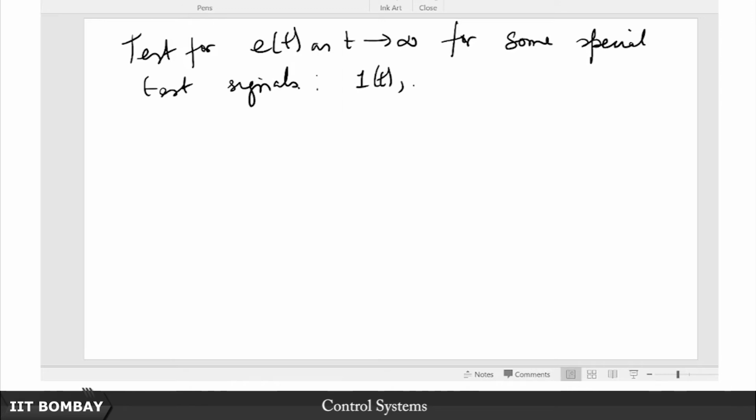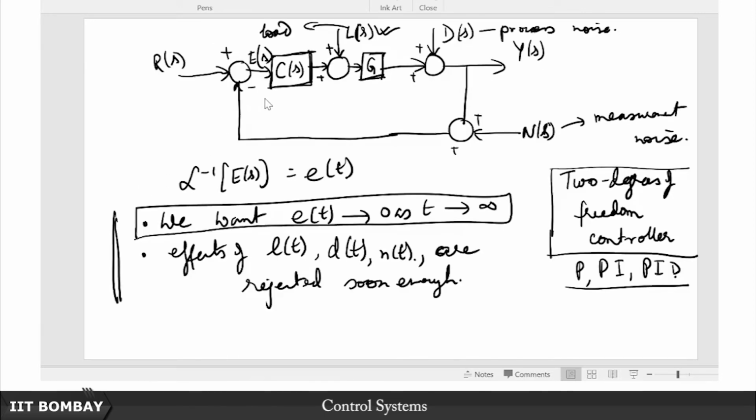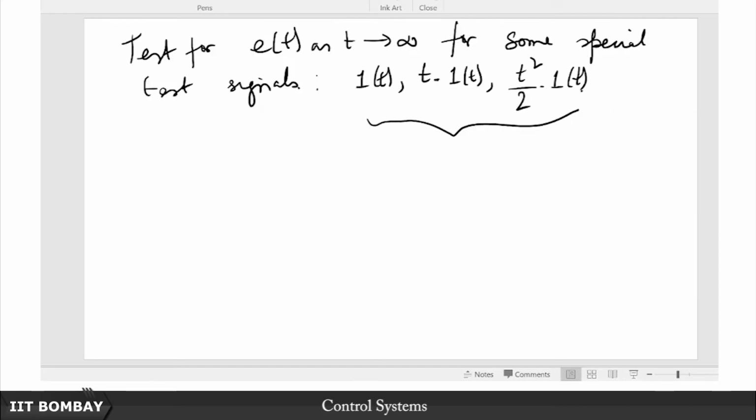It is a unit step, then there is this unit ramp, t times 1(t), and then there is this unit parabola. These are our 3 test signals, and with respect to these 3 test signals, we check whether a particular system is able to reject these load disturbances and also track this reference input. That is going to be the goal before us.